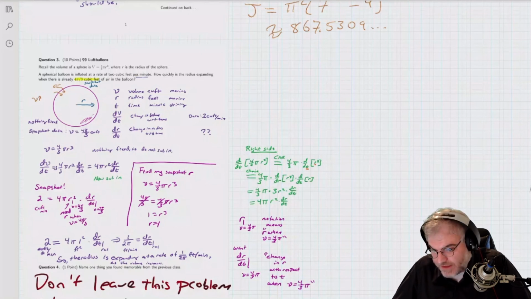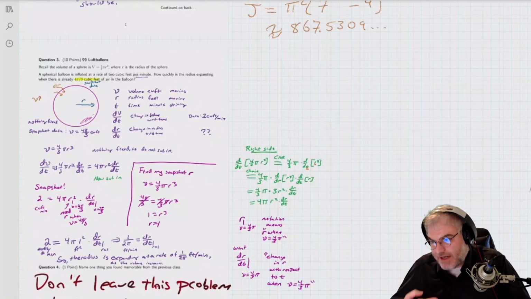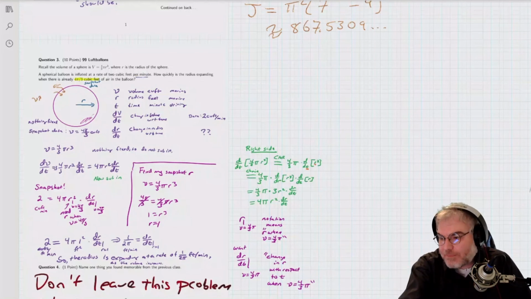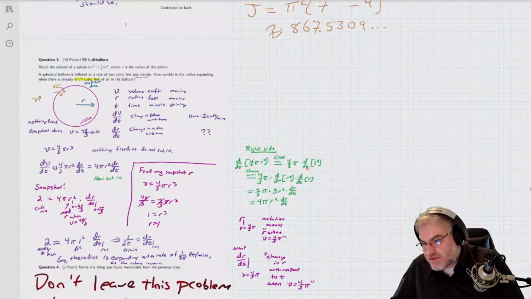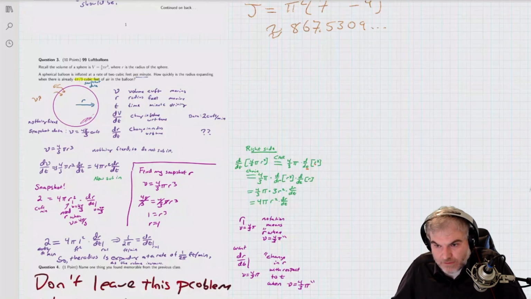So I would definitely keep it. That's why I put it on the bootleg, right? I want to keep it in the brain a little bit. Those popcorn limits can show up on test 2. Definition of the derivative can show up on test 2. Stuff like that. And of course, the graphing problem has stuff from test 1 as well. Okay.